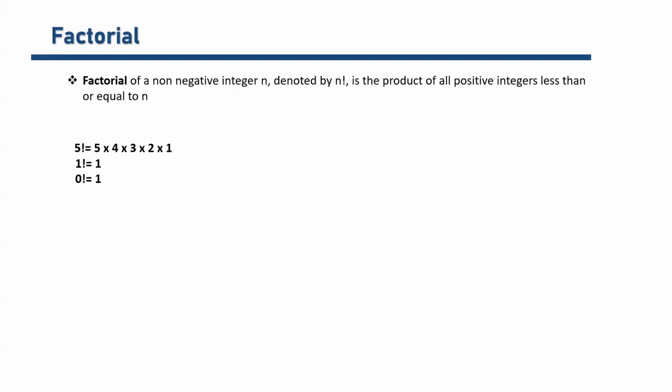Now, the next thing which is very easy for you now is factorial. Factorial of a non-negative integer n is denoted by n factorial. So this sign is actually factorial, and is the product of all positive integers less than or equal to n. So for example, whenever I say 2 factorial, it's actually 2 into 1.